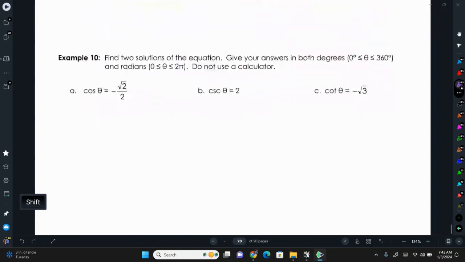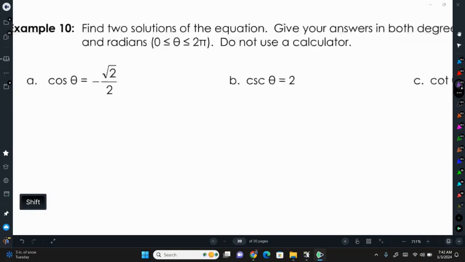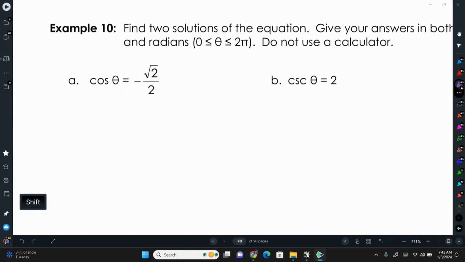Last thing we're going to do, which is going to be a little bit new, it says find the two solutions of the equation, give your answers in both degrees and radians, do not use a calculator. So the cosine of theta is negative square root of 2 over 2. So what we need to think about is when on the unit circle, so when is cosine equal to negative square root of 2 over 2?